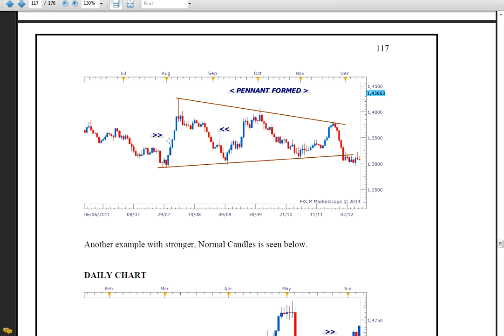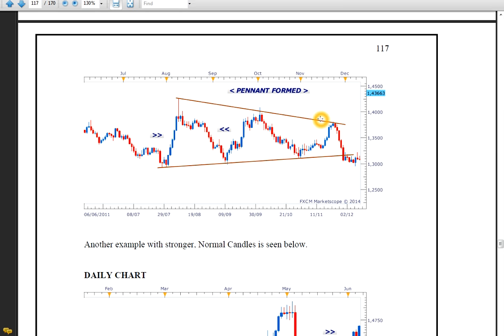So once you're able to spot these earlier on, you will be able to identify the setup being formed, as well as to take advantage of these waves by trading the bullish and bearish signals that are formed along the way.